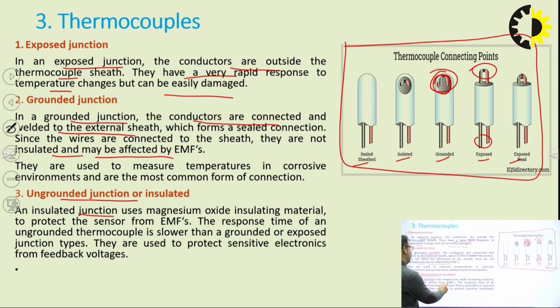In this, magnesium oxide insulating material is used to protect the sensor from other EMFs. The response time of this ungrounded thermocouple is slower than the grounded junction type. They are used to protect sensitive electronic devices from feedback voltages.